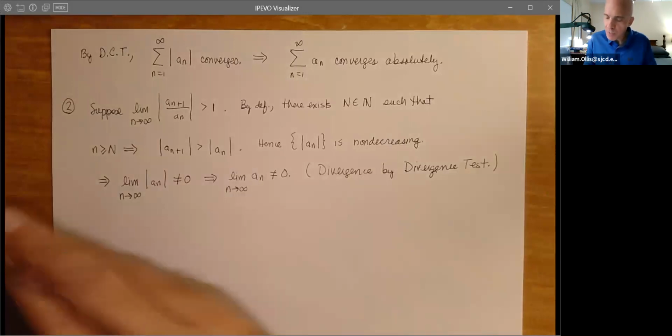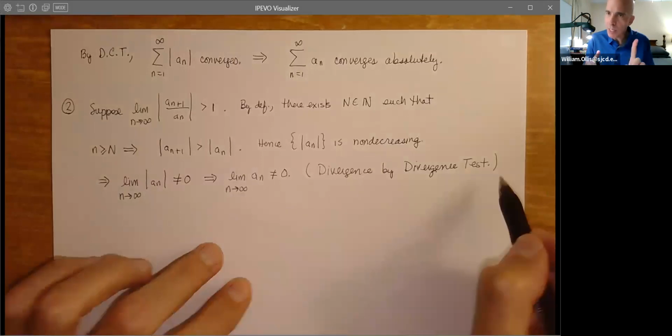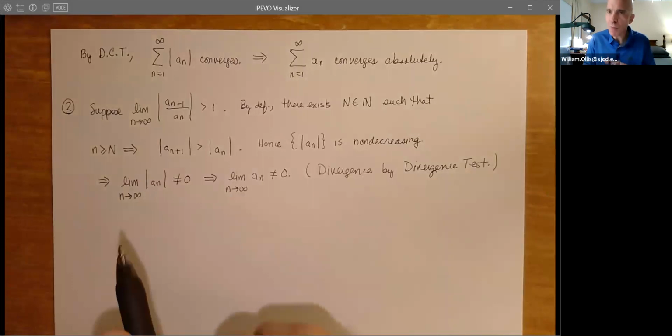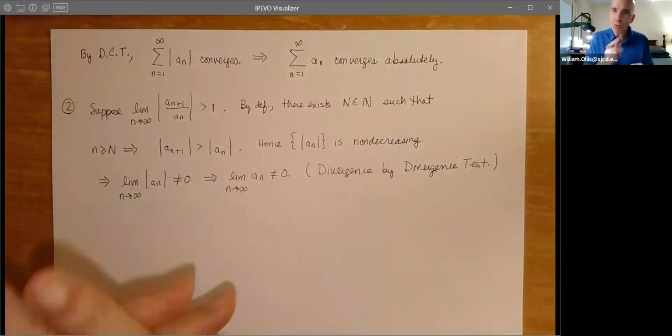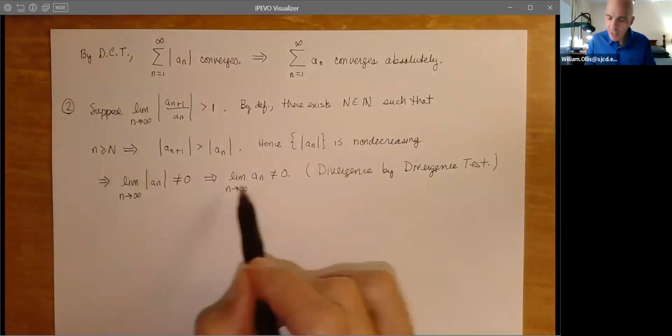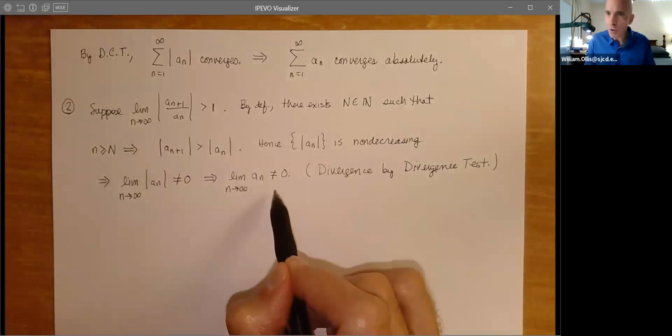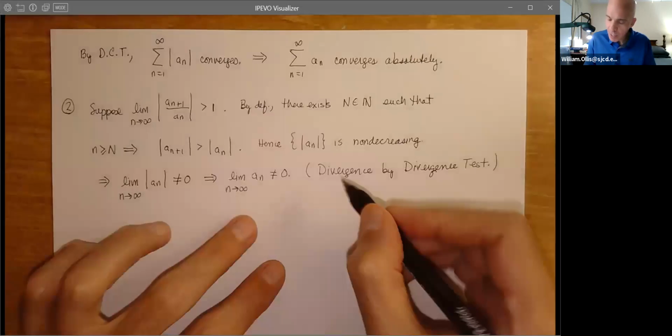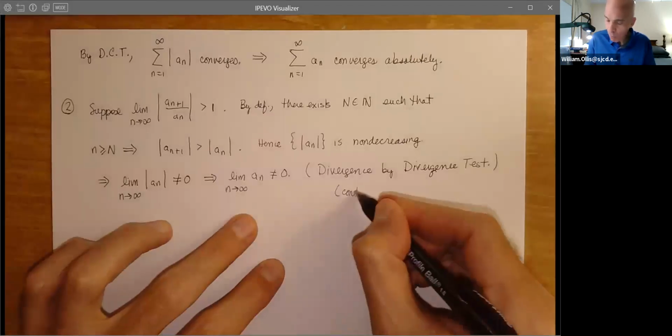So this comes in very handy. We know that if you have a convergent series, the generating sequence must have limit 0. So in contrapositive, if we show that this limit is actually non-zero, we're done. We know the series diverges. So remember, this is the contrapositive form.